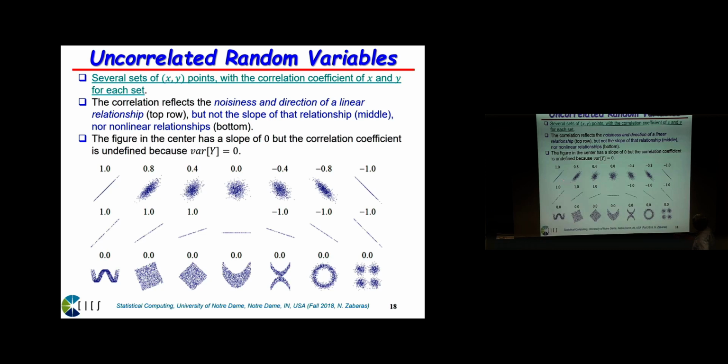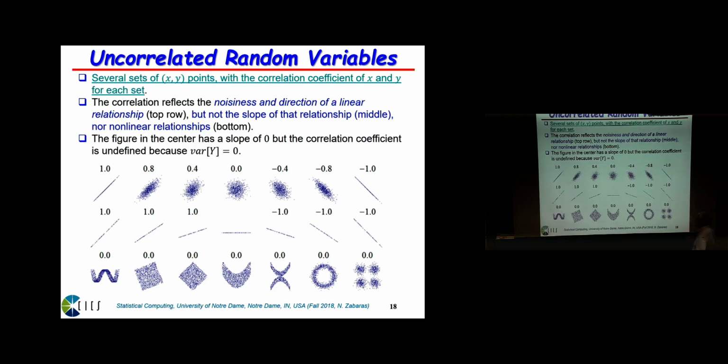And again, in another bunch of data, the correlation coefficient captures the nature of the linear relation, whether the slope is positive or negative, and it also reflects how noisy the data is, or how much you depart from the linear relation.